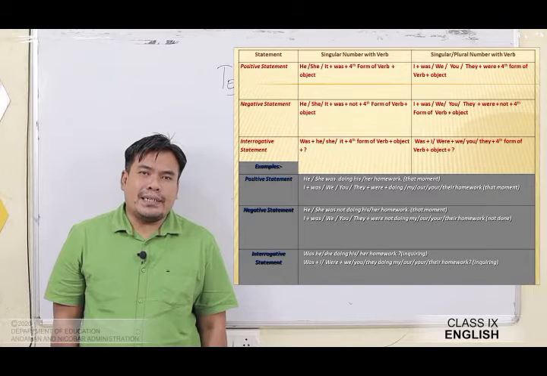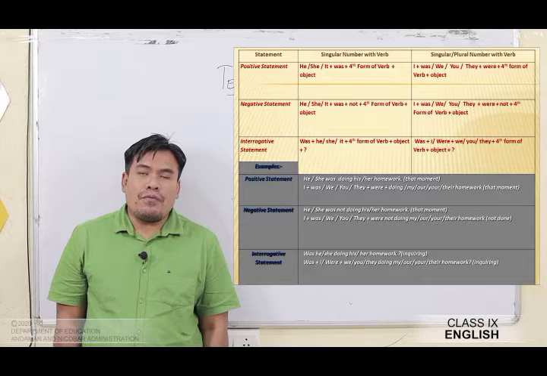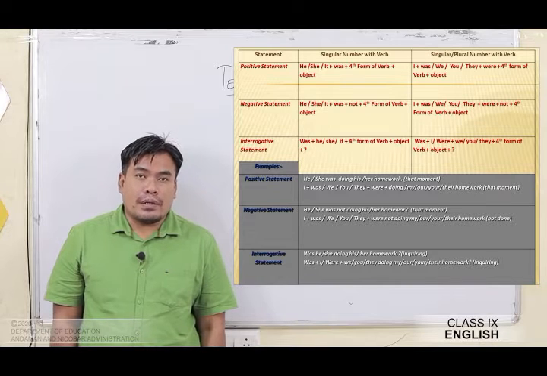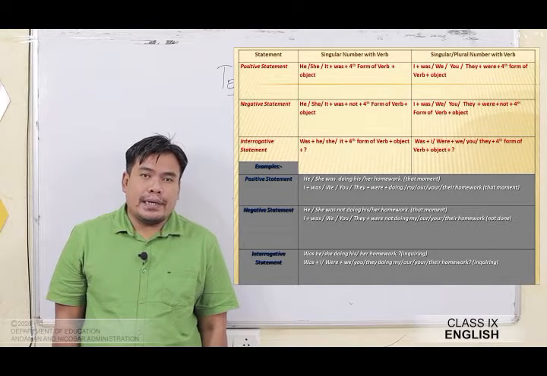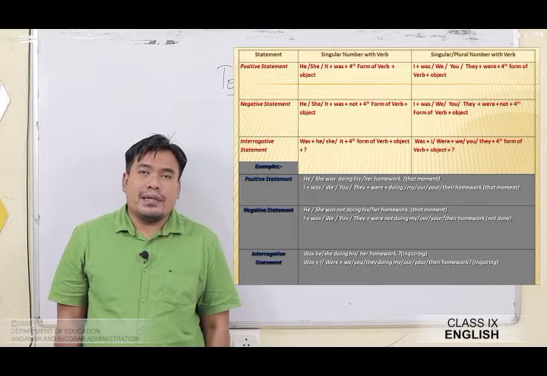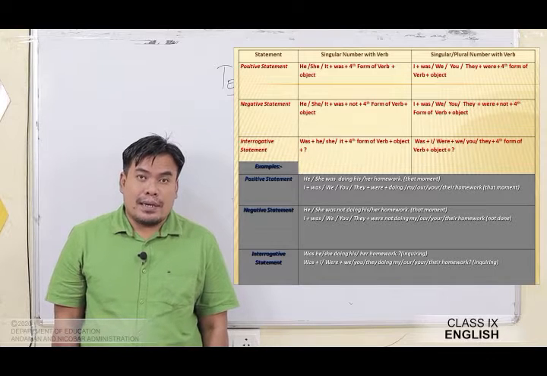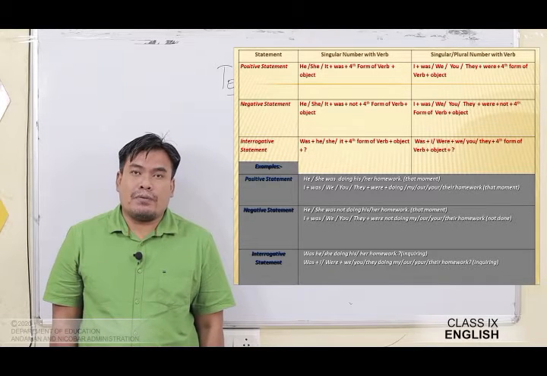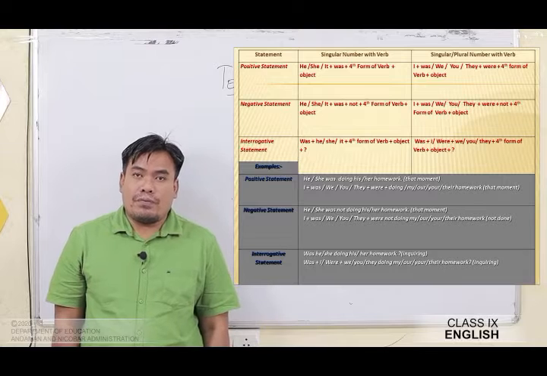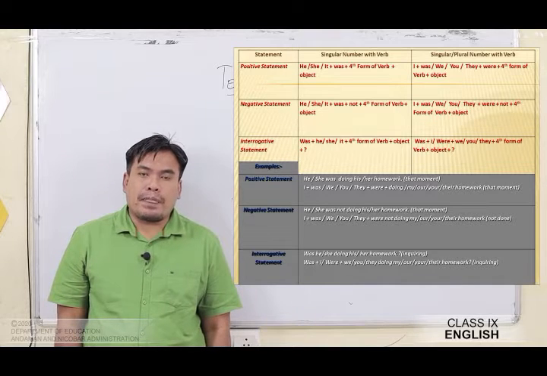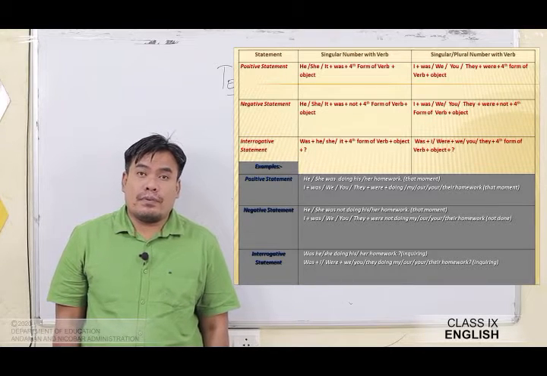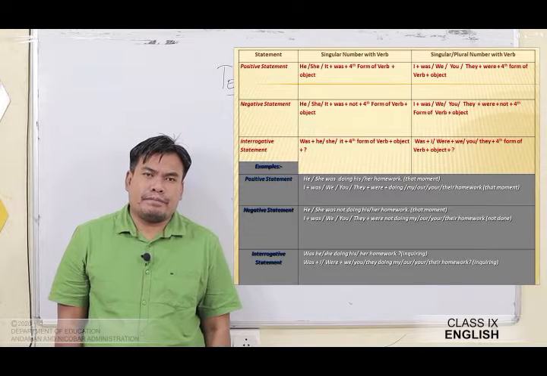Along with he, she, it, was will have to be used here, plus the fourth form of verb. In the negative statement, again he, she, it will be used, plus was, plus not. You use was not whenever you are not sure of what you are saying, plus the fourth form of verb.